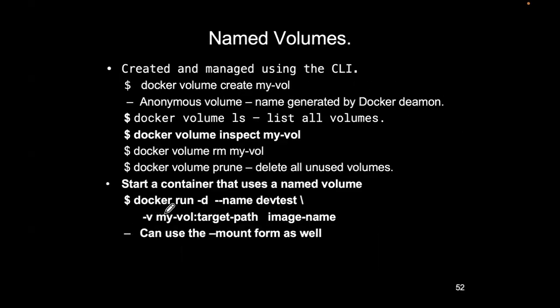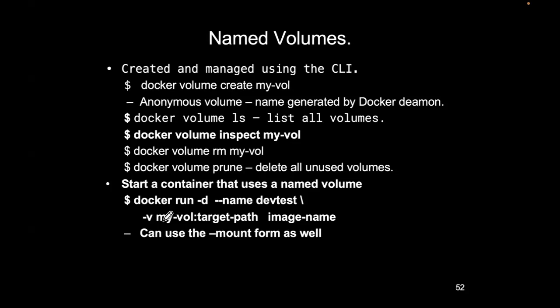But now it's a volume name, and the target path or the container's path is going to be a path name as before. You can also use the --mount option for creating containers linked to named volumes.